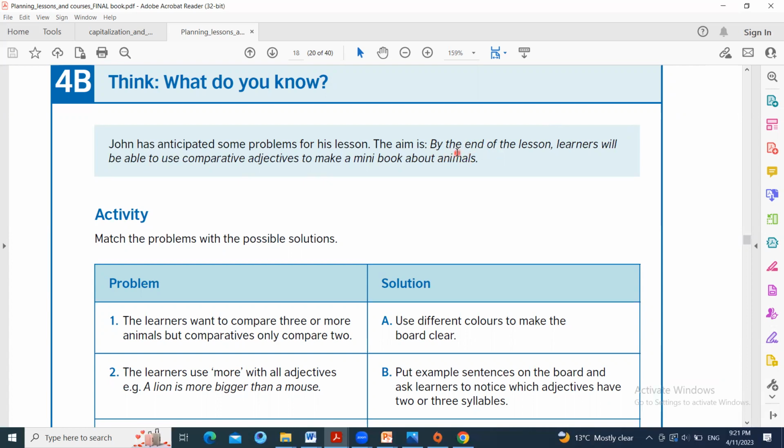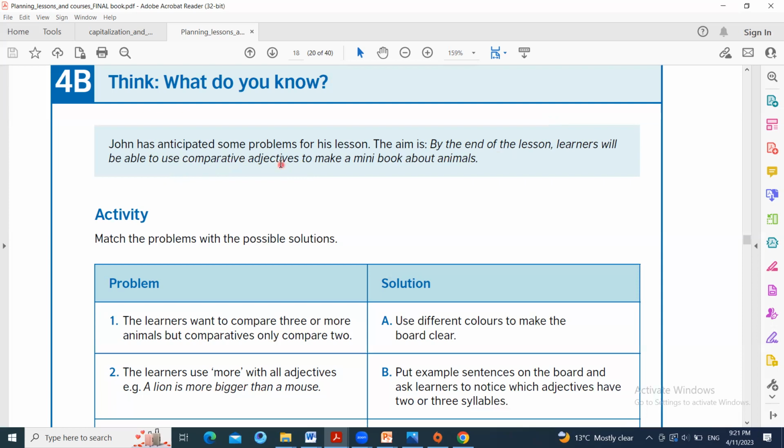We say that the aim will start with such type of expression: by the end of the lesson, learners will be able to, then you use a form of what? Verb, verb infinitive or infinitive verb. He is talking about what? Comparative adjectives. So by the end of the lesson, the learners or students will be able to use comparative adjectives.